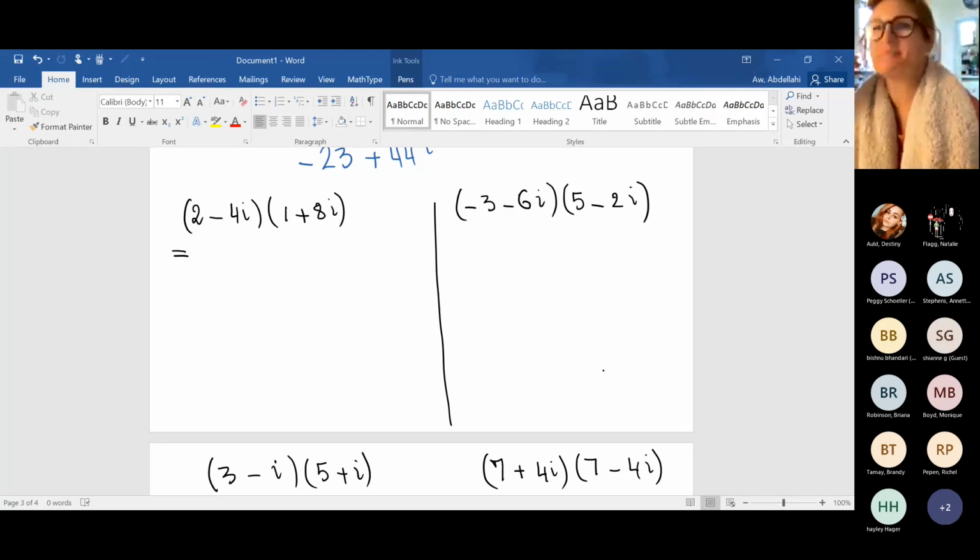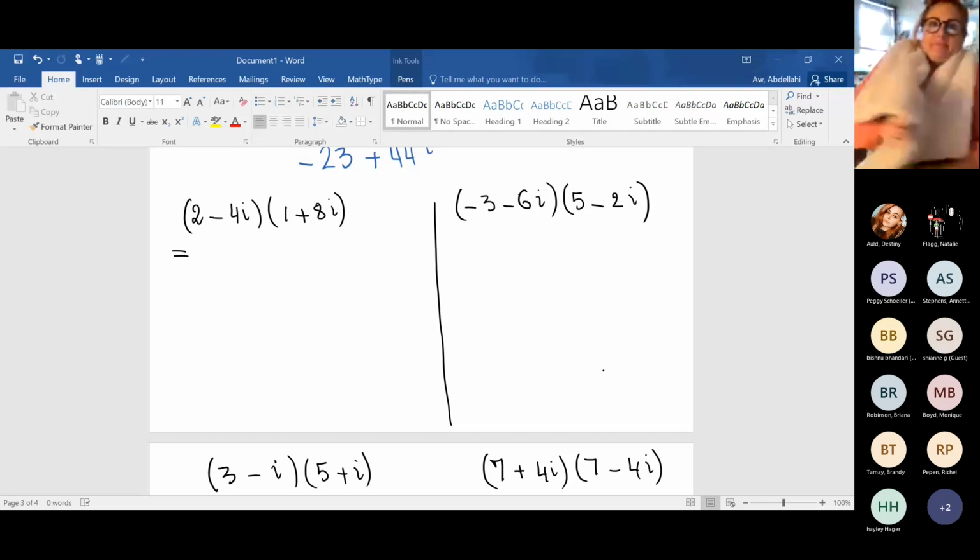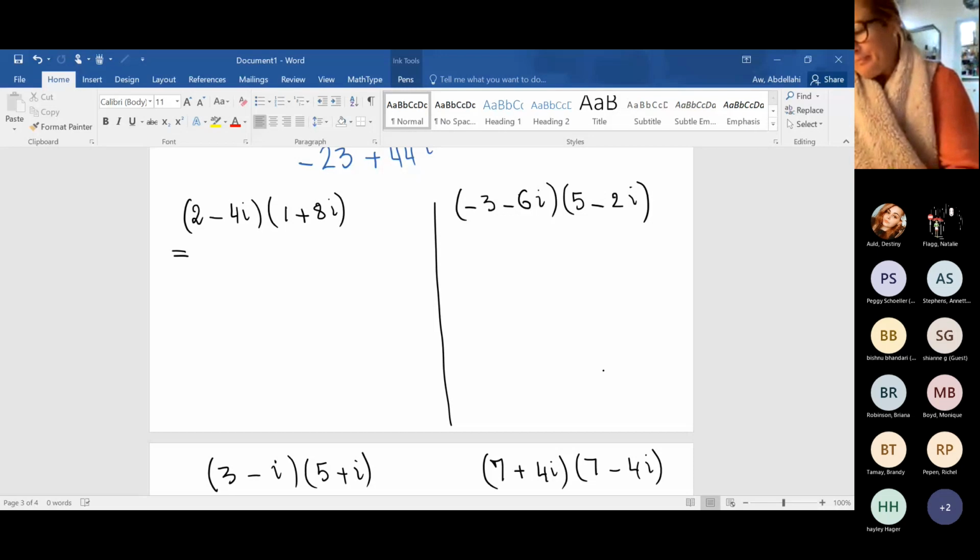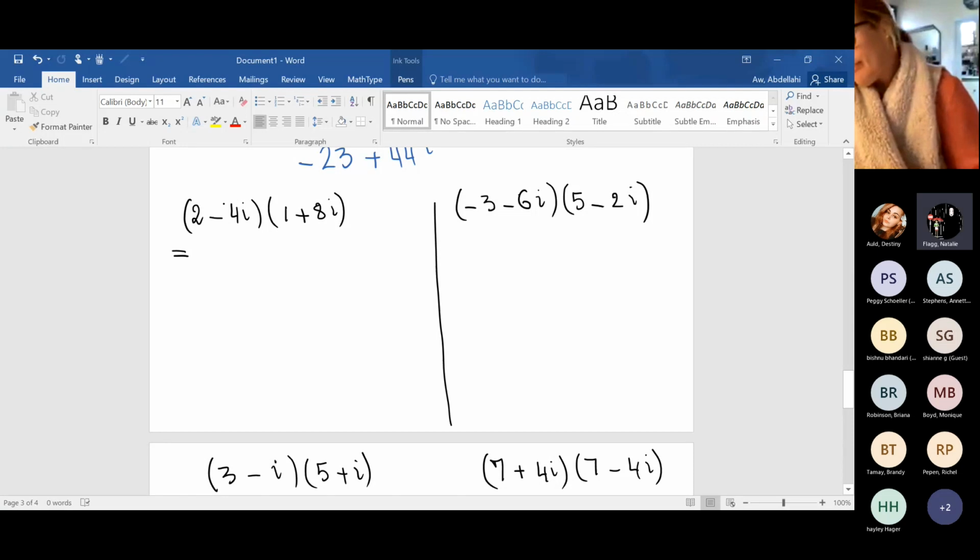Can somebody tell me what they did for the first one? 2 minus 4i, parentheses 1 plus 8i. Give me the steps. Please go ahead. So I just FOIL. 2 times 1 is 2. 2 times 8i is plus 16i. That is correct.